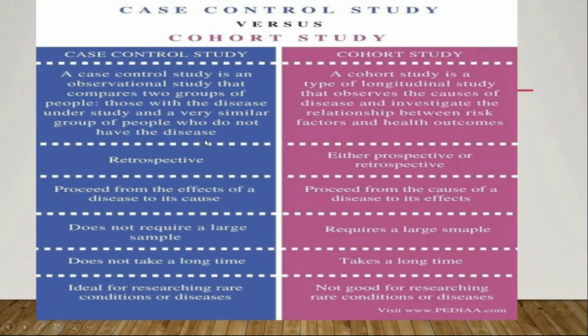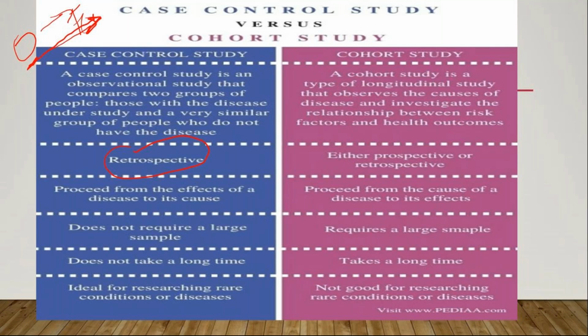Case control study is also known as a retrospective study, that is, a backward looking study. It starts from the outcome; both the exposure and outcome have occurred, and the person works back from the outcome, how many people have the disease and what the risk factor is.